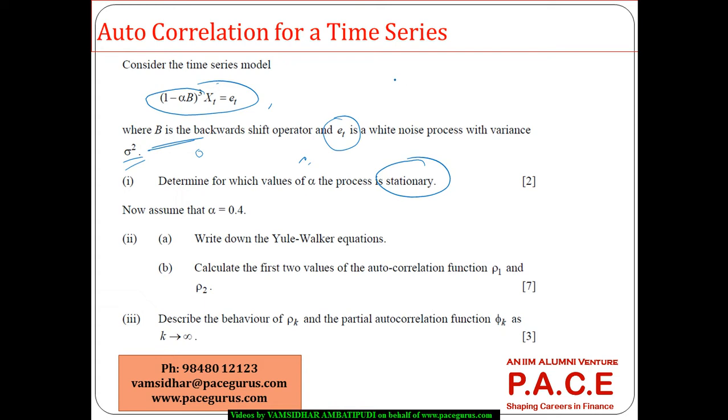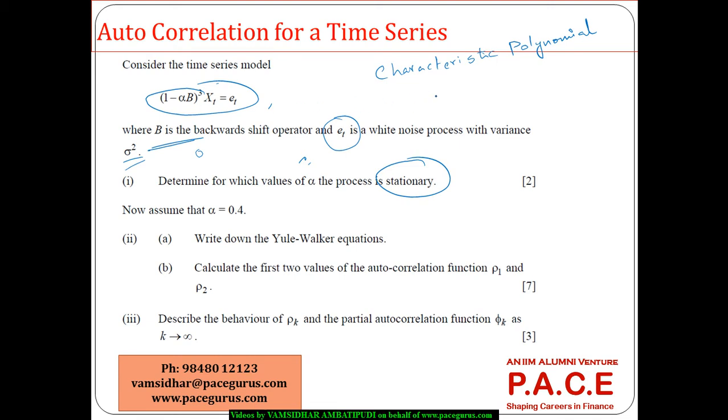For the process to be stationary, I'll first find the characteristic polynomial, and the roots of that characteristic polynomial should all have absolute value greater than 1.